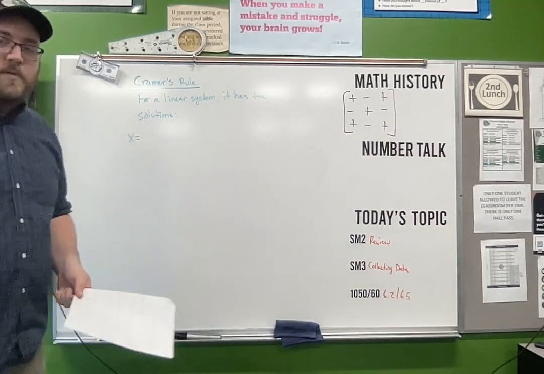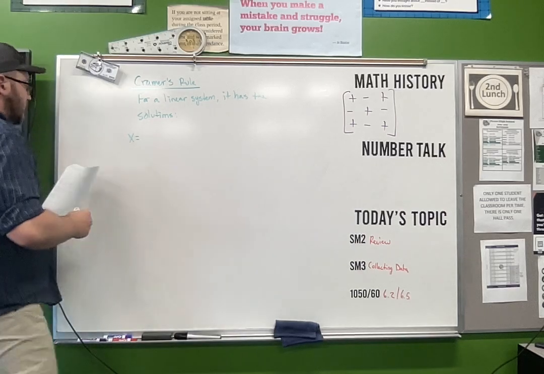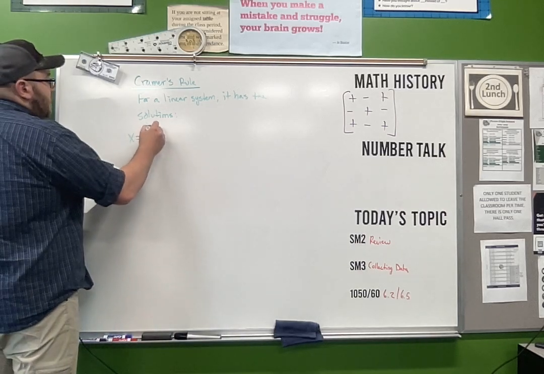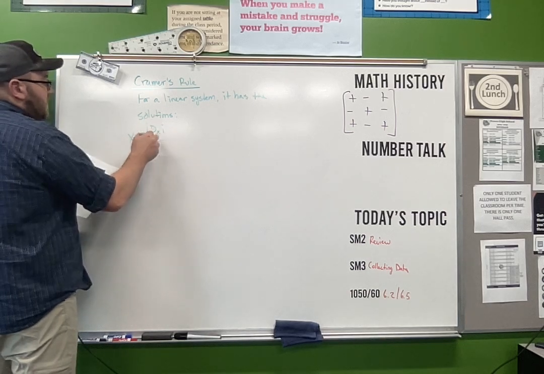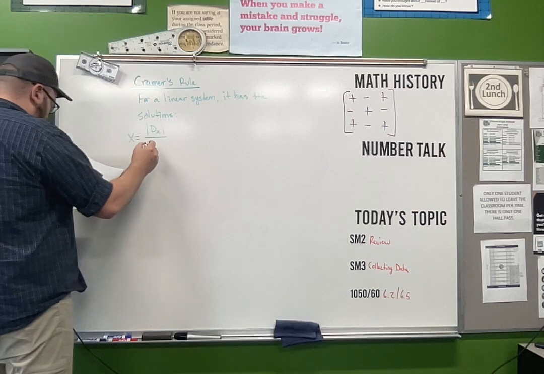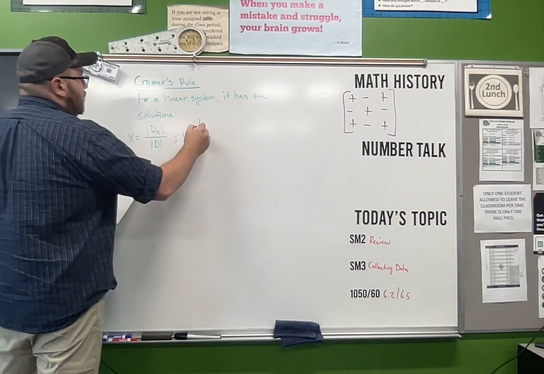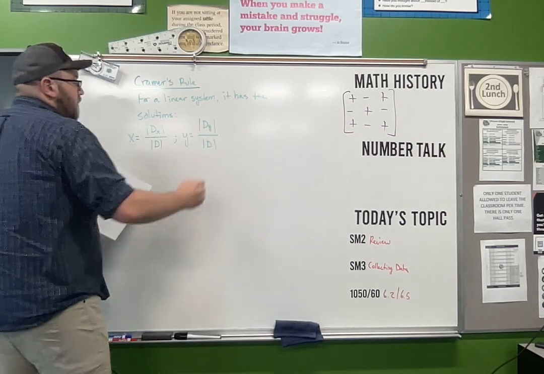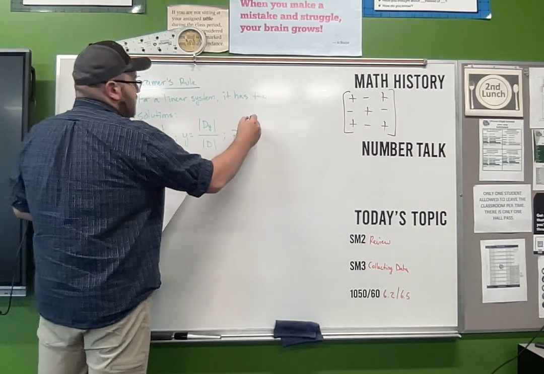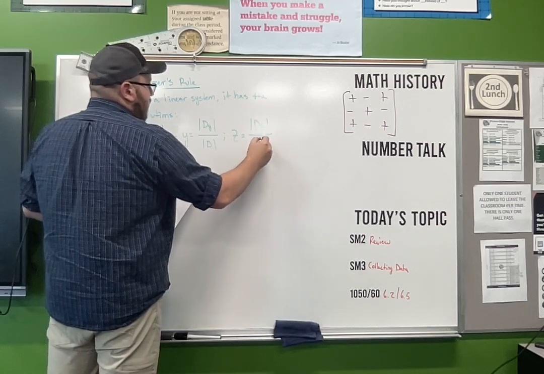We're only going to go up to a 3 by 3, so I'm just going to give you x, y, and z. X equals the determinant of a matrix sub x, and I will tell you what that means in a second, over the determinant of the matrix. Y equals the determinant of D sub y over the determinant of D. And z equals the determinant of D sub z over the determinant of D.